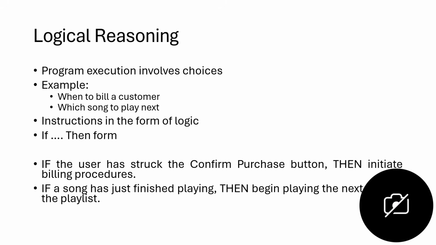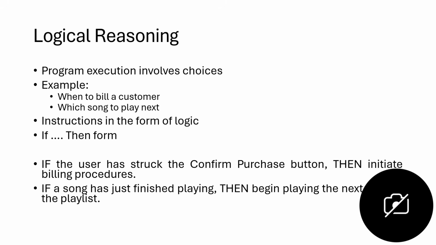Yeah, logical reasoning. So this is somewhat like your if-then statement, which we were discussing about implies logic. A program execution is always based on some choices, decisions, like which branch I should follow, which decision I should take. So if the condition is this, then execute these statements. If the condition is something else, execute some other statement.